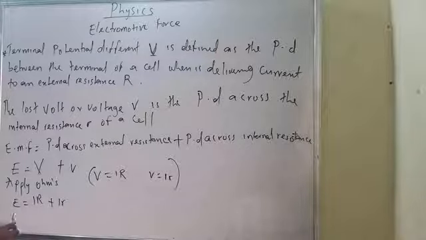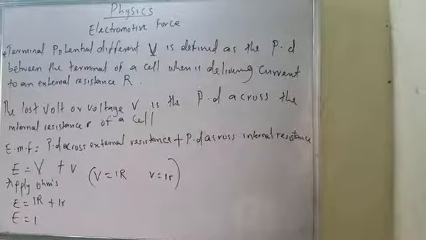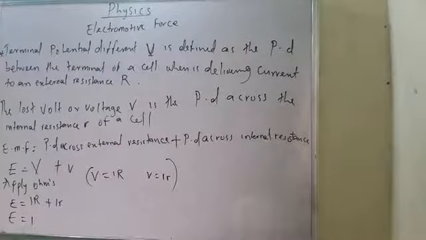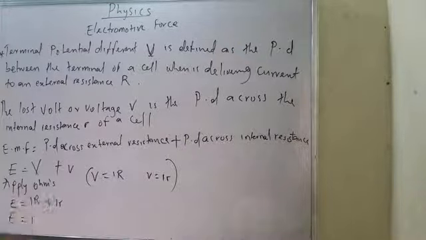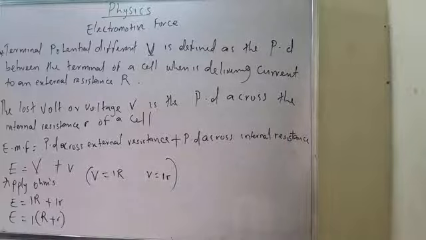I can also rewrite it by having I, the current present here, as a common factor. It means I can continue by having I of big R plus small r. What did I do? I just factored out the I, which is the current.